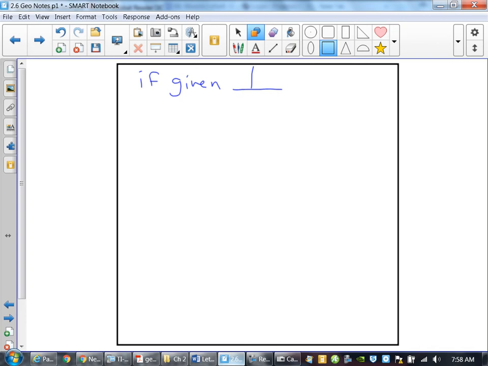Okay, you get about 3 things out of it. So here's what we're going to do. If given perpendicular, we're going to state the right angles that are formed, and then we're going to say that right angles are congruent. We're going to do 2 steps with this. Okay? We're going to do 2 steps.